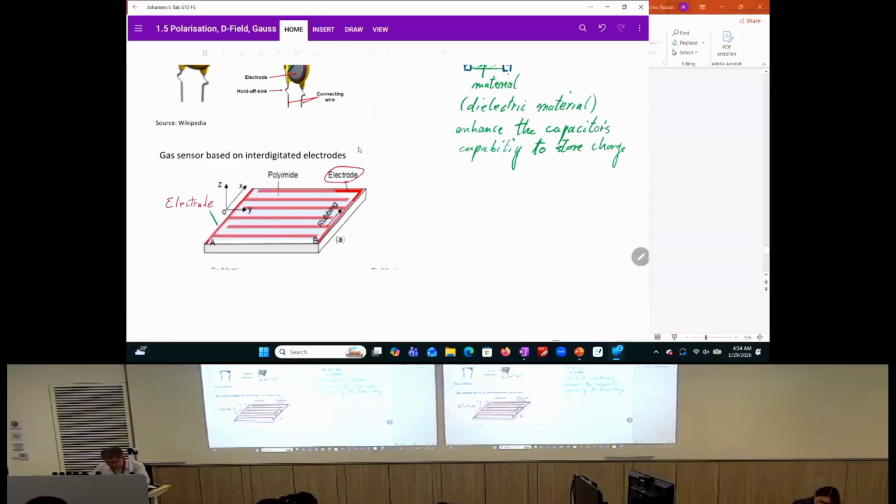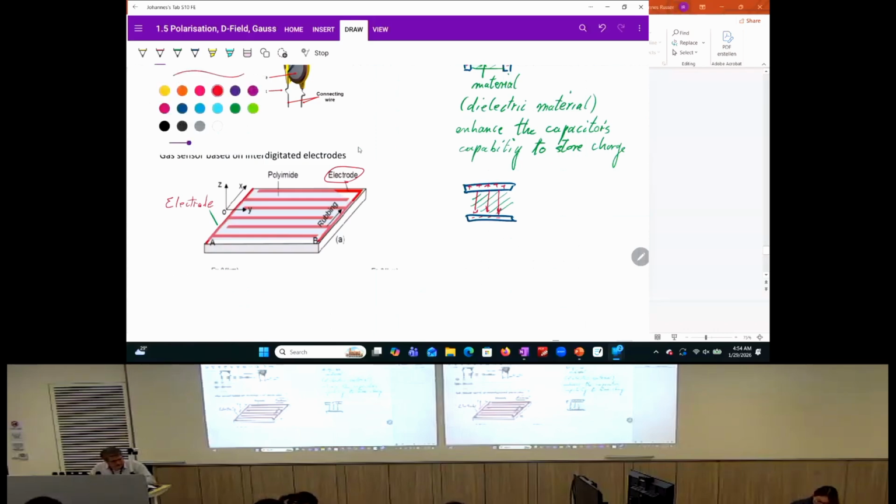Again, in essence, even though it is interdigitated, the interaction is still described by these two electrodes, which are having charge on it. You have your field lines, and now something interesting is happening.